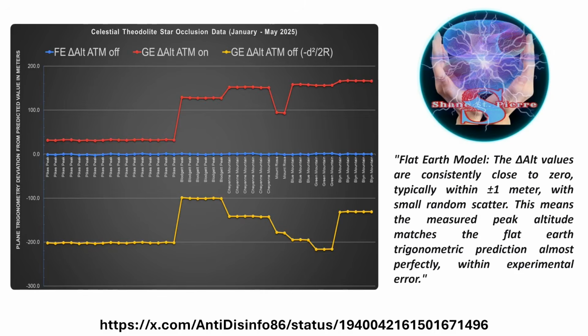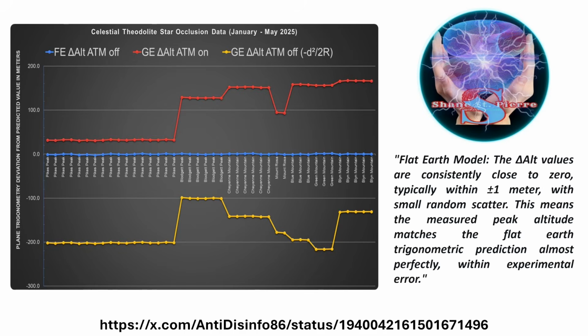So if you've been following the whole saga, you may have seen a graph that looks like this. You've got three series of data, and the y-axis is the deviation from the predicted value. For example, Pikes Peak is 4,300 meters above sea level, and these guys claim that using their celestial theodolite star occlusion timing, they can derive a height for Pikes Peak.